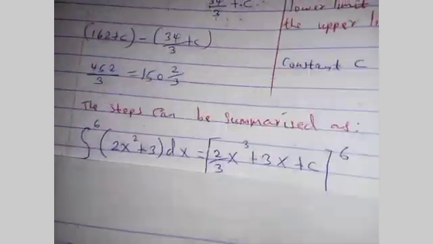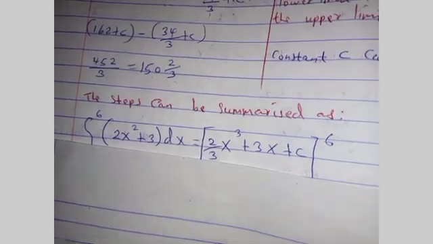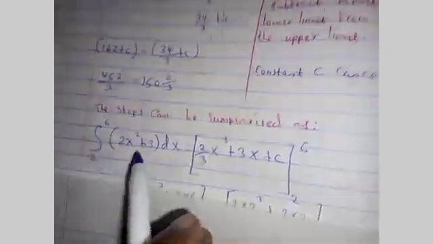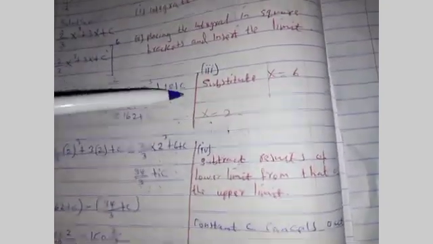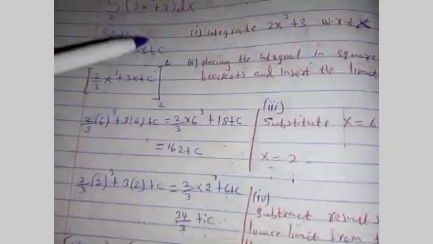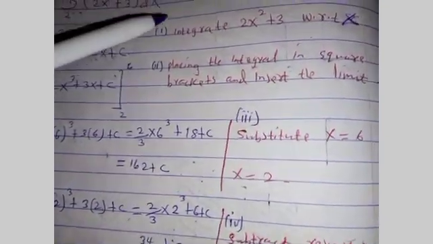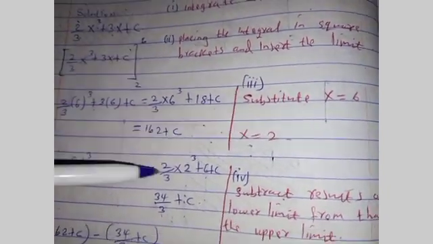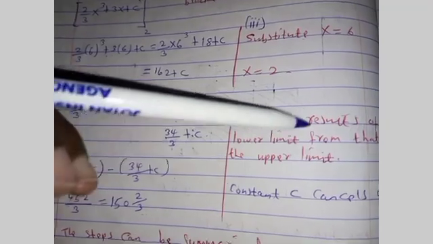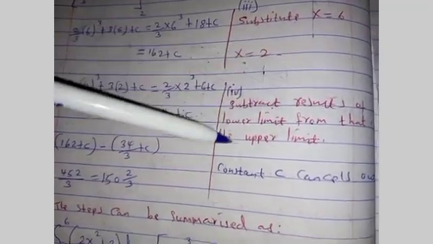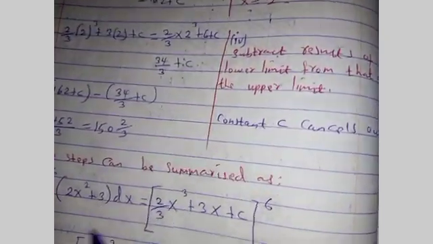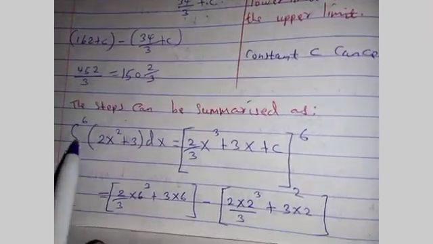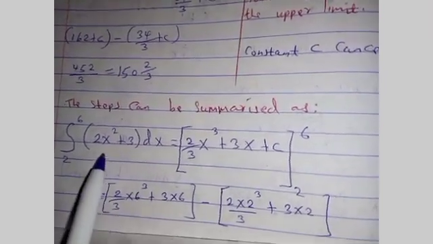Now, these steps can be summarized as shown. Instead of following this long procedure of integrating, placing the bracket, substituting, and subtracting the result of the lower limit from the upper limit, we can do it here in a summarized form as I have shown you. First of all, you integrate. How do you integrate?